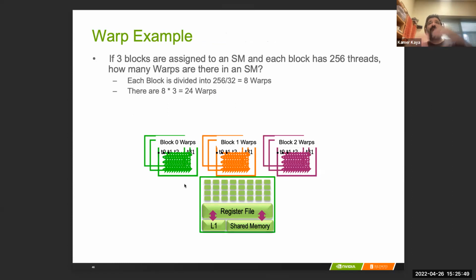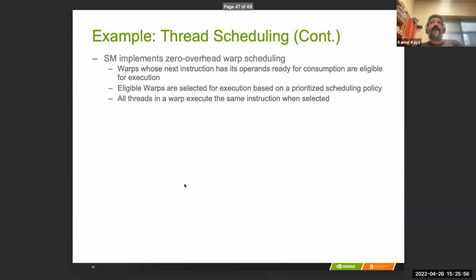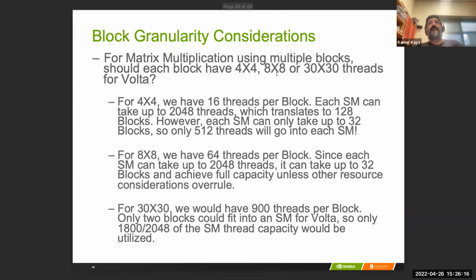So 24 warps are being executed if you assign 3 blocks to a single SM. This is what I just told you, zero-overhead warp scheduling. Warps whose next instruction has its operands ready for consumption are eligible for execution. Eligible warps are selected for execution based on a prioritized scheduling policy, and all threads in a warp execute the same instruction when selected.